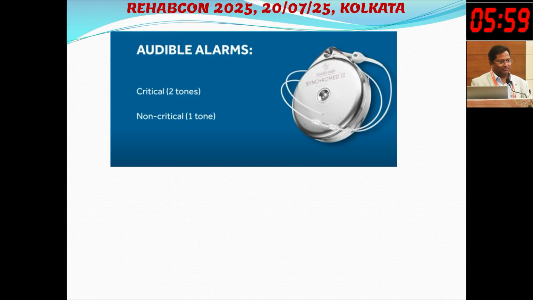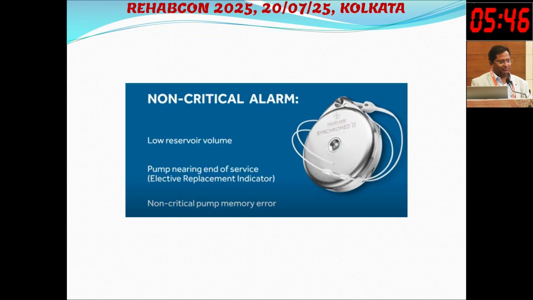So audible alarm. There are two types of alarms: critical alarm and non-critical alarm. Non-critical alarm is one tone, beep. Critical alarm is beep, beep. Non-critical alarm is given when there is low reservoir volume, or the pump is nearing end of service, because this pump has an end of life, maybe 6 years, 10 years, depending on the use.